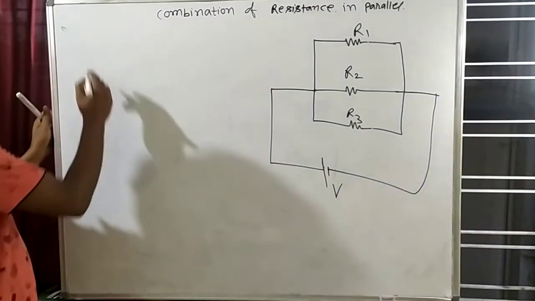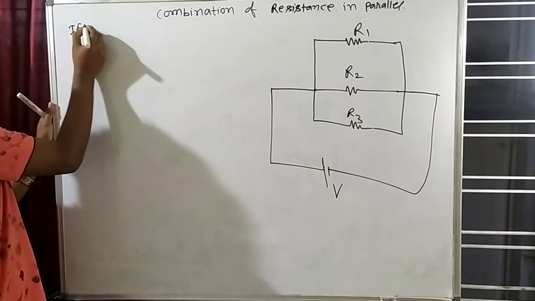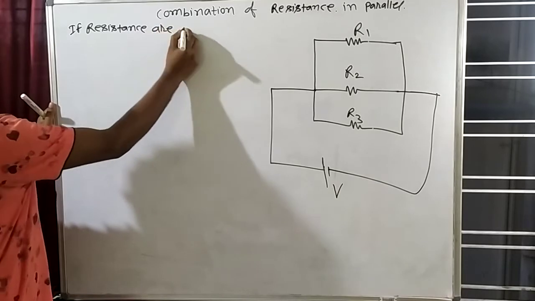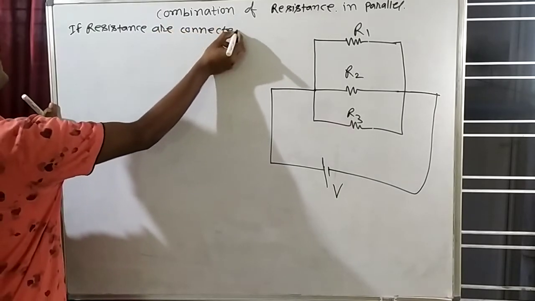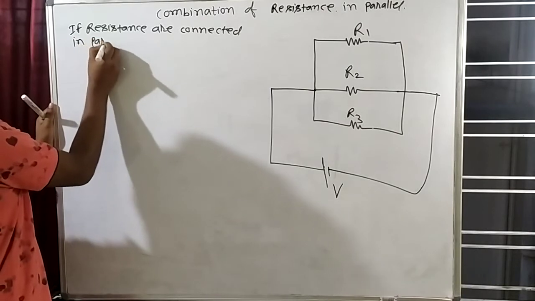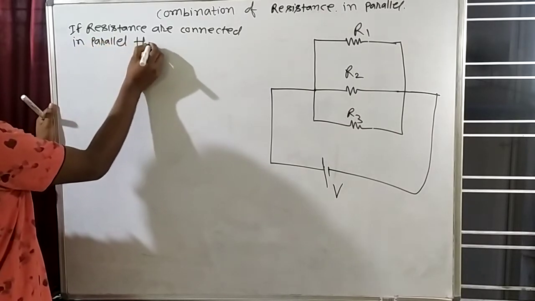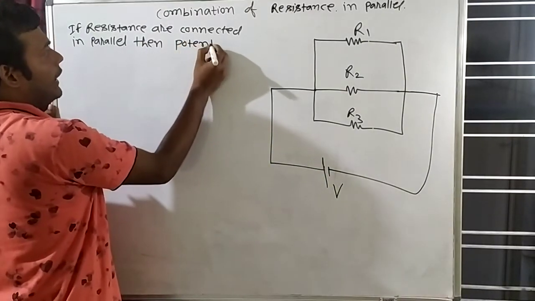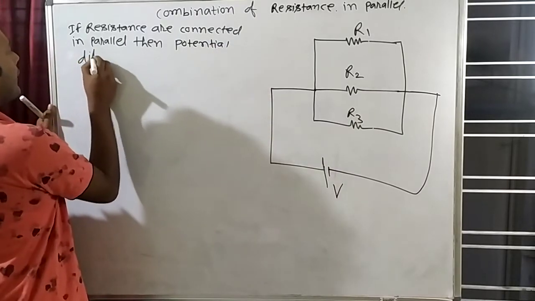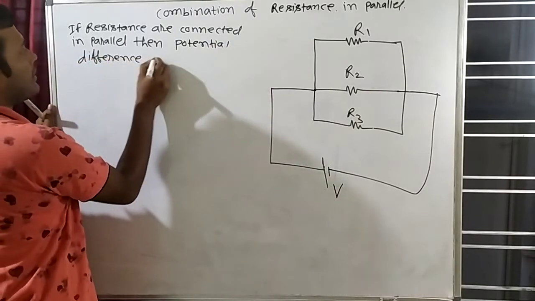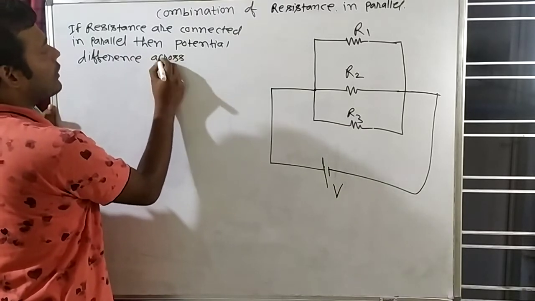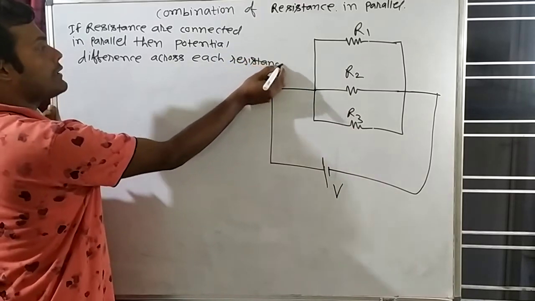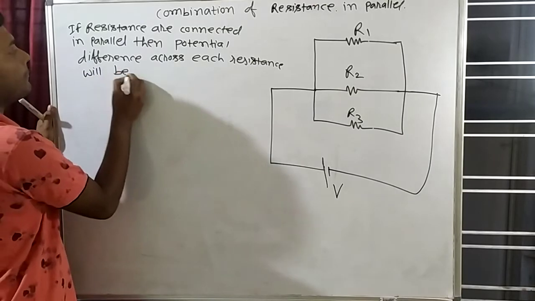So here write one thing, that if resistances are connected in parallel, then potential difference across each resistance will be same.